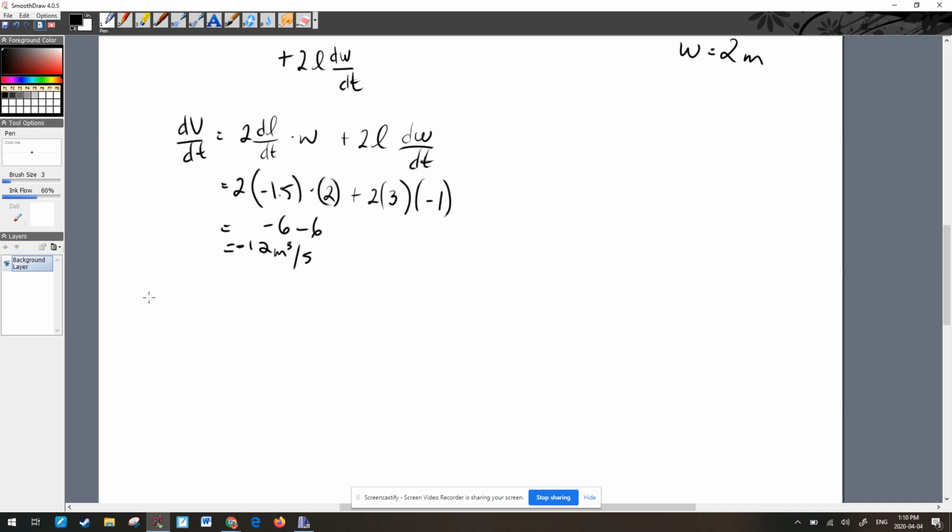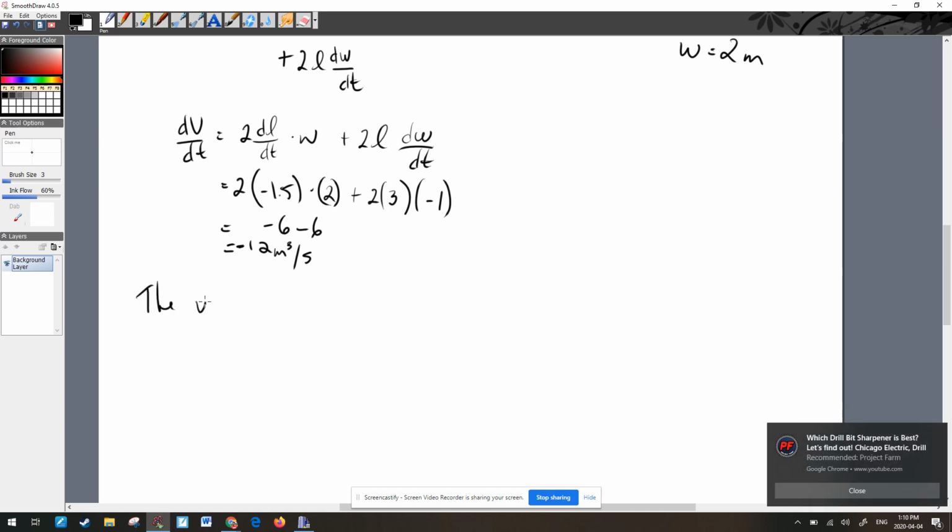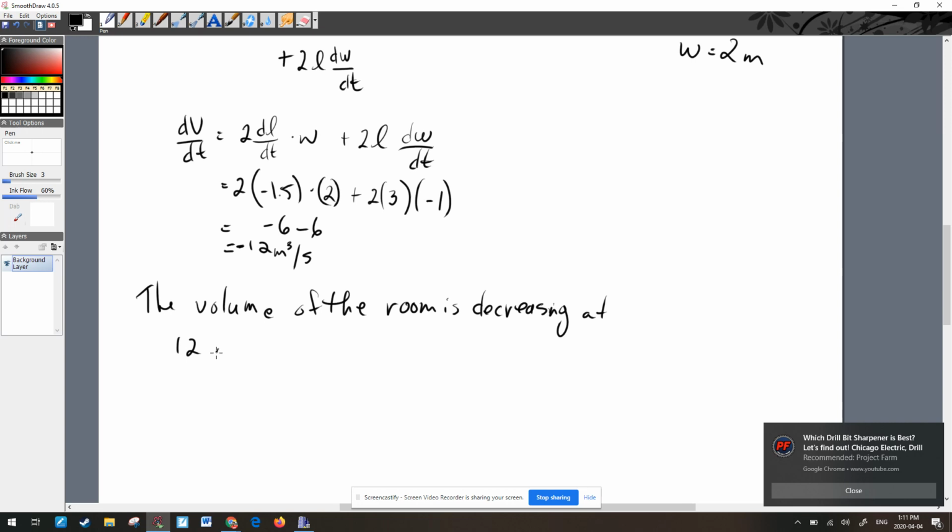When we deal with related rates problems, which this is an example of, we need to create a concluding sentence. So we would say: the volume of the room is decreasing at 12 cubic meters per second.